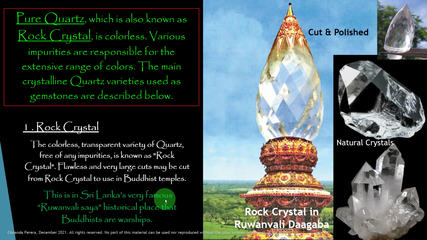This is in Sri Lanka's very famous Ruwanwelisaya, a historical place where Buddhists worship. This is another one, cut and polished. This is a natural crystal cluster. See the hexagonal shape, and sometimes you can see the lines also, like sapphire, in natural crystals.